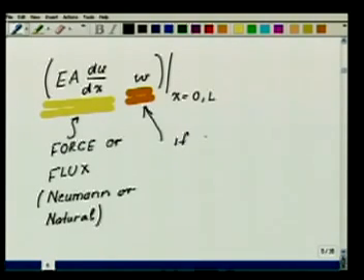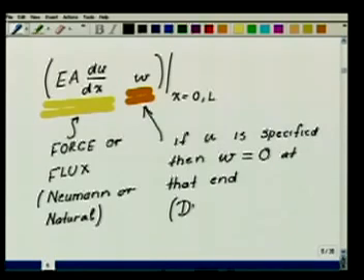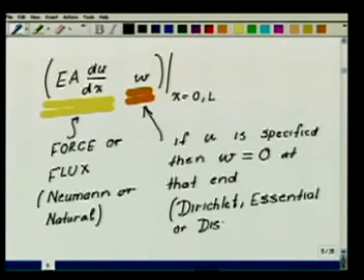So if u is specified at that end, then w has to be equal to 0 at that end. So this set of conditions are called Dirichlet, essential, or displacement boundary conditions.